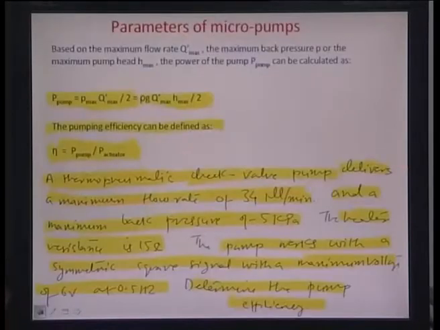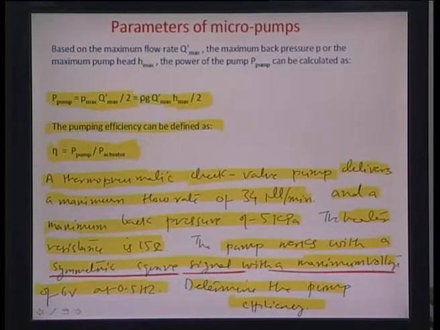Basically, what he is saying is that you have a square signal to operate with a maximum voltage of 6 volts at 0.5 hertz, which means that for the other half cycle the power is switched off to 0. So, it is between 0 and 6 volts. So, effectively the power cycle is only about half the time, and the total amount of voltage given is 6 volts in that case.